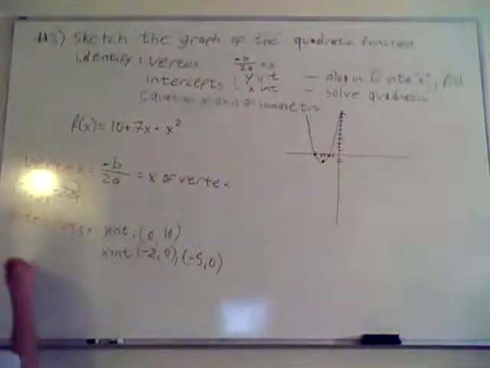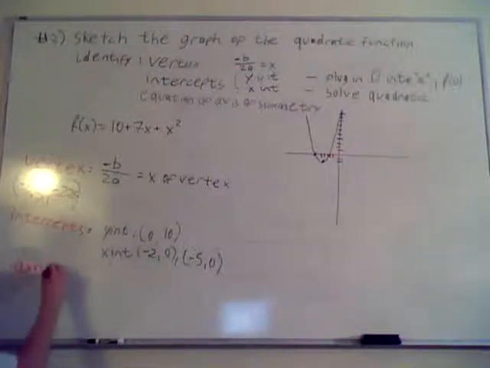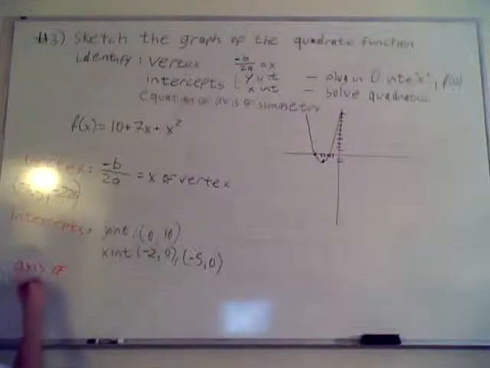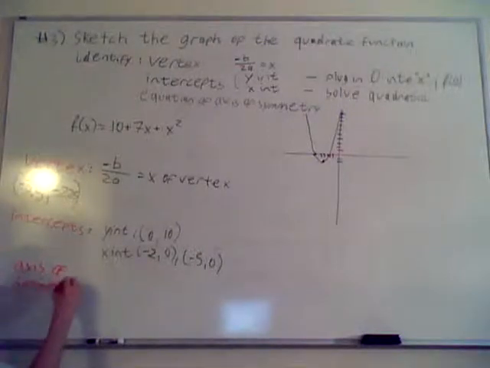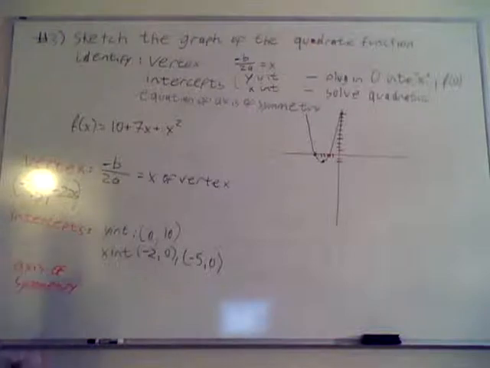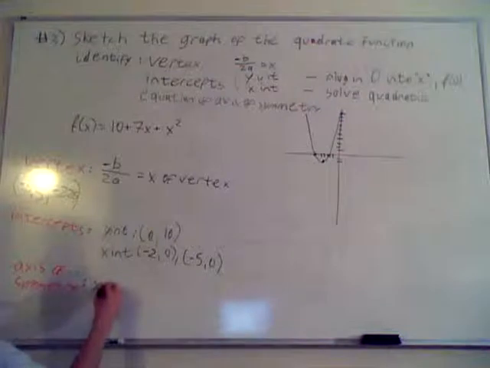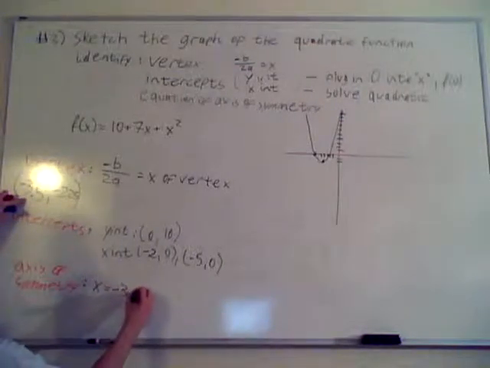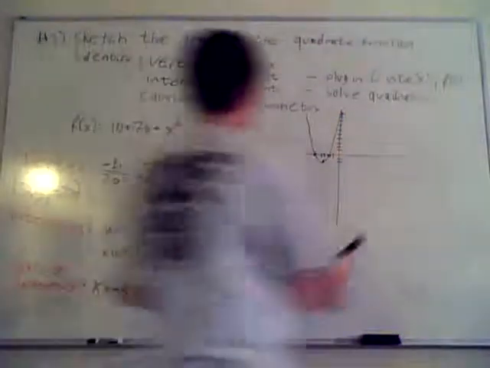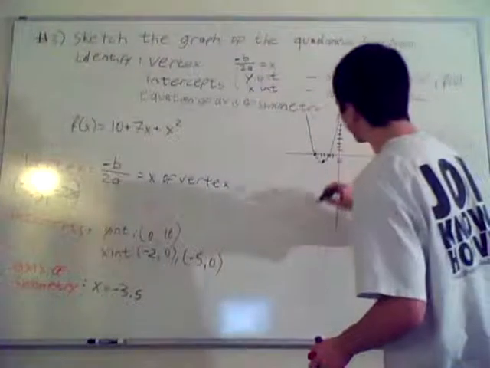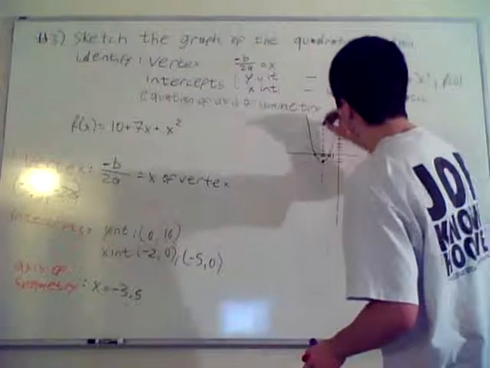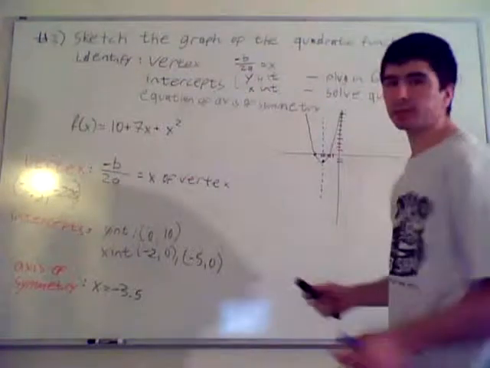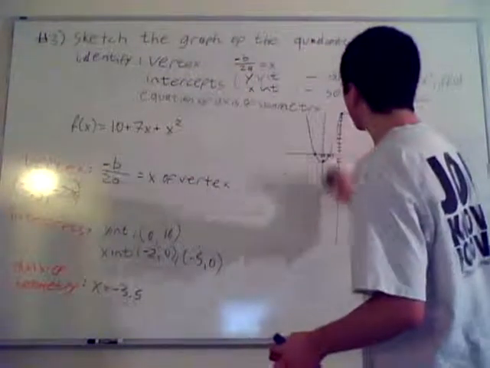So, axis of symmetry: you do x equals what you got for your vertex, negative 3.5. Because that means that you're saying x equals negative 3.5. There you go. That's your axis of symmetry. That's a line right here, and that's it.